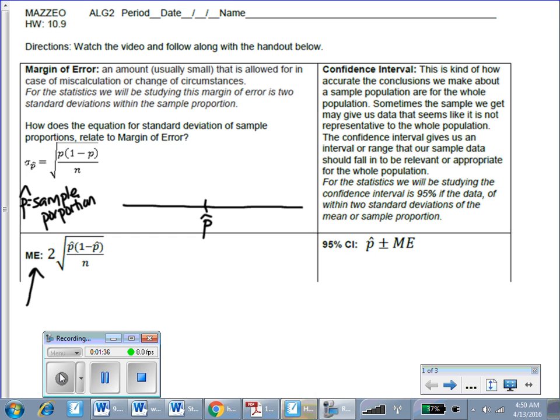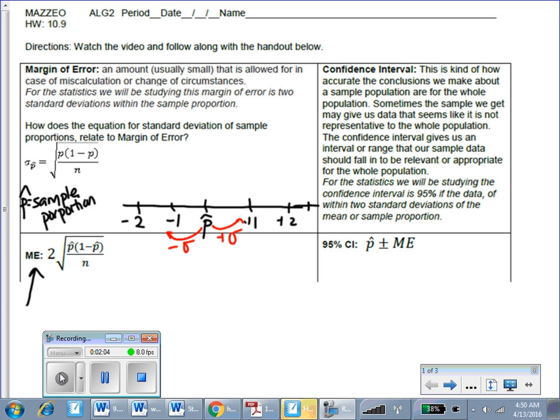On our normal distribution curve, we would have one standard deviation above the mean, two standard deviations above the mean, and so on, and the same thing for below the mean. Each time I want to move a standard deviation above, I would add the standard deviation, or if I wanted to move below, I would subtract it.